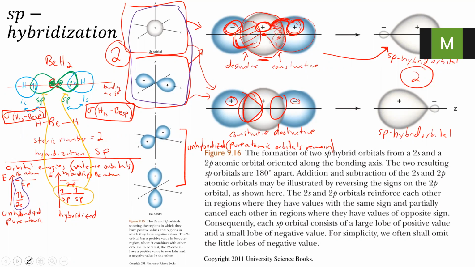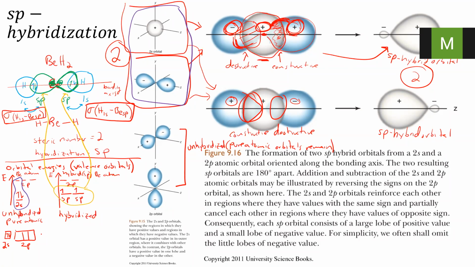Another way you can do this is you can take the pure atomic orbitals and do this in a similar way to the box diagrams that we did in chapter 7, where we have a 2s and the 3 2p orbitals. We're just looking at the valence orbitals. The 2s for a beryllium atom has 2 electrons in it.